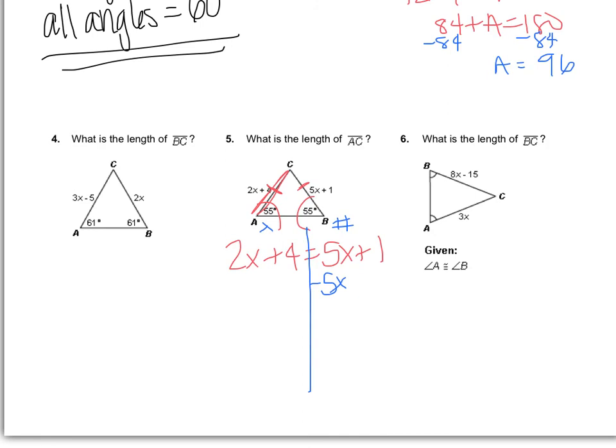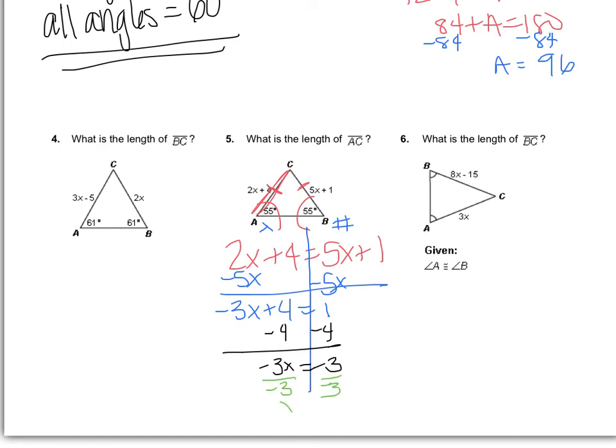So I'm going to minus 5x from both sides. I get that negative 3x plus 4 equals 1. Then I'm going to subtract 4 from both sides, so I get negative 3x equals negative 3. Then I'm going to divide both sides by negative 3, and I get that x equals positive 1.